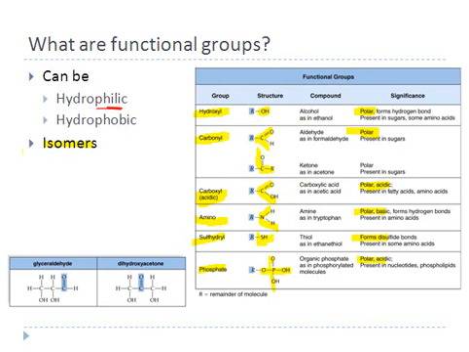And another very important characteristic that's present in carbon compounds is that they can be isomers. Isomers are compounds that have the same number of carbons, but they have two different names. For example, if you look at this one, if I count the carbons, I have 1, 2, 3 carbons. If I count carbon here, I also have 3 carbons. If I count the number of hydrogens, I see 1, 2, 3, 4, 5, 6. And let's count the number on this one: 1, 2, 3, 4, 5, 6.